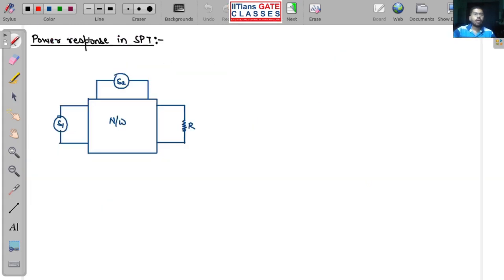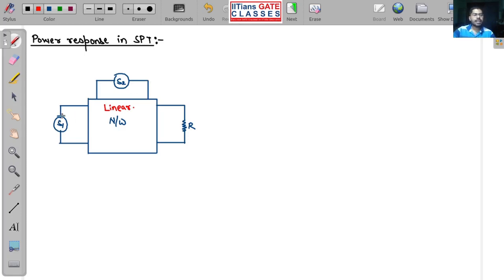Now how are we going to handle the power response in the superposition theorem? Remember this is a linear network. I have already told you power response is invalid in the superposition theorem, but we have a certain formula for that also.